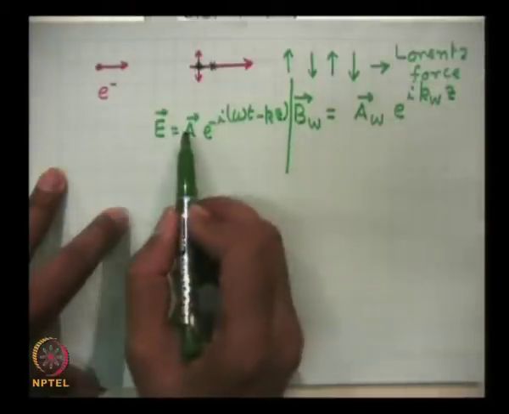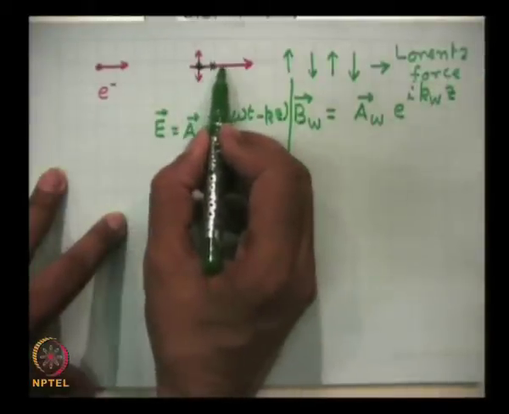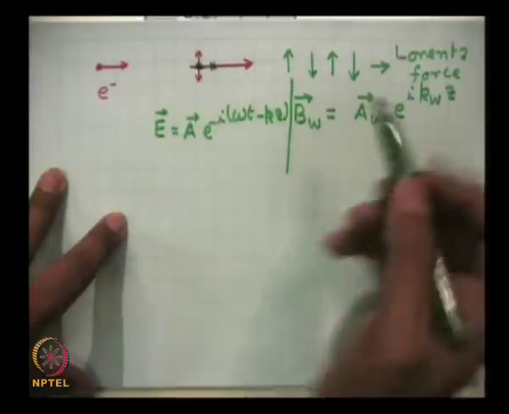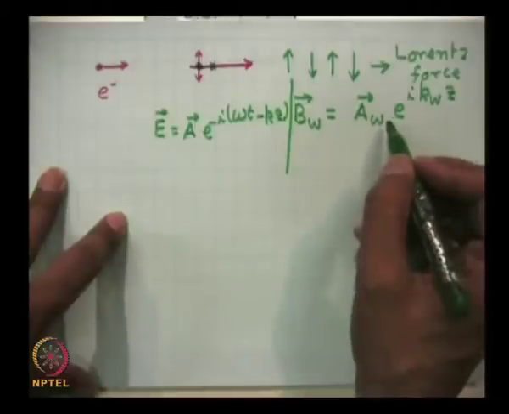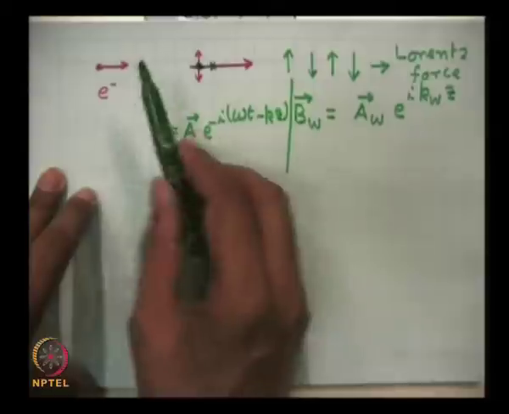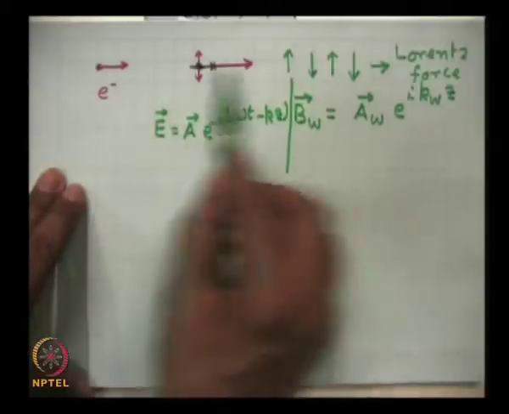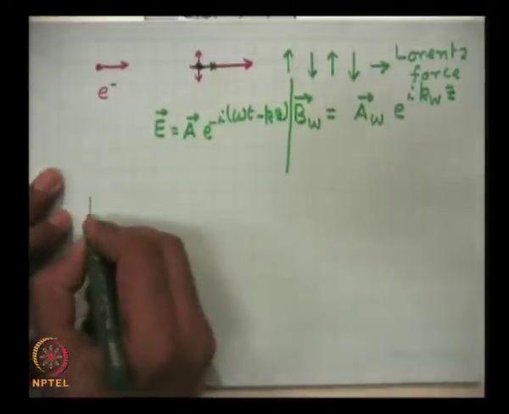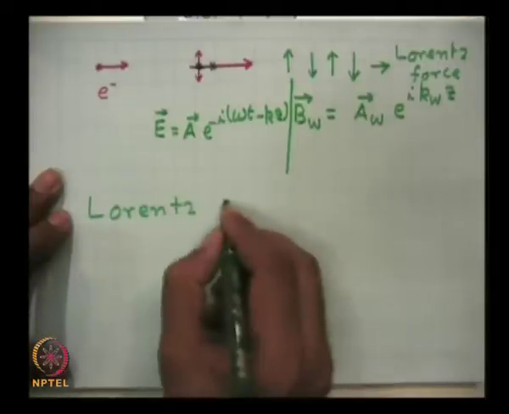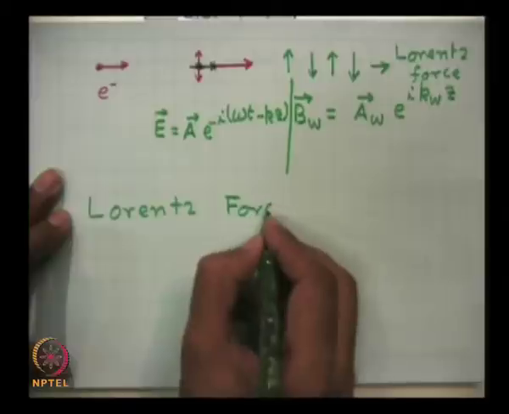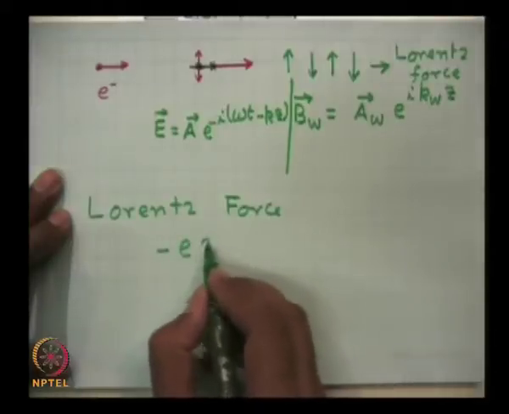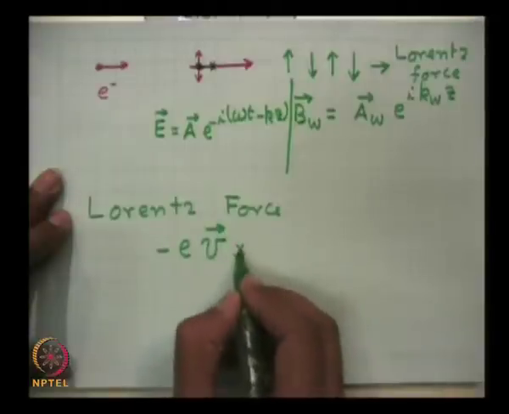Due to the v cross B interaction of the electrons, which are oscillating due to one velocity, and the magnetic field due to the wiggler, this force is in the same direction as the direction of electron beam propagation. So the Lorentz force is a product of minus e, the electron charge, and electron velocity and magnetic field.